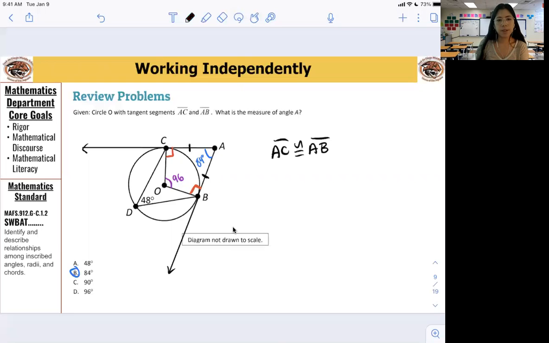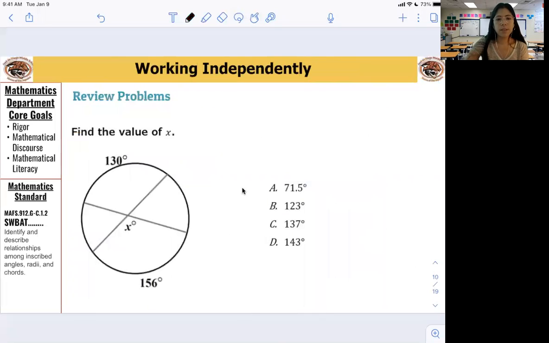All right, let's do another. Okay, I'm not going to go over how to do this one, but let's see who remembers. Go ahead and take another 30 seconds, maybe 45 seconds.